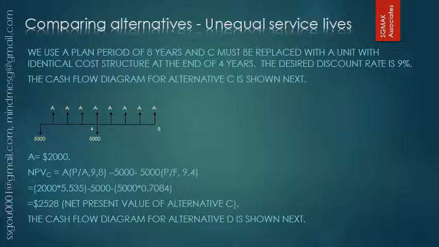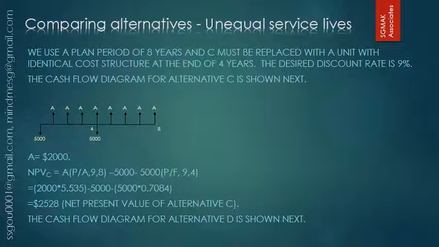We have to convert it to the present value, which is 5,000 times P over F, converting future to present, interest at 9% and 4 years. If you use the table lookup values, the number comes out to be $2,528. So the net present value of alternative C is $2,528.